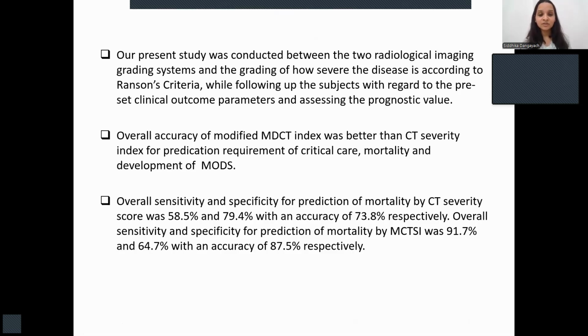Overall sensitivity and specificity for prediction of mortality by CT severity score were 58.5% and 79.4% with an accuracy of 73.8% respectively. Overall sensitivity and specificity for prediction of mortality by modified CT were 91.7% and 64.7% with an accuracy of 87.5% respectively.